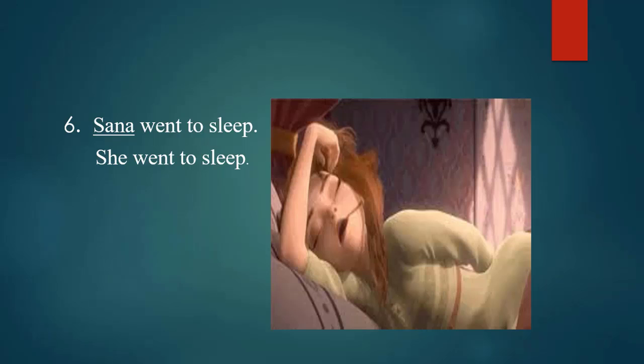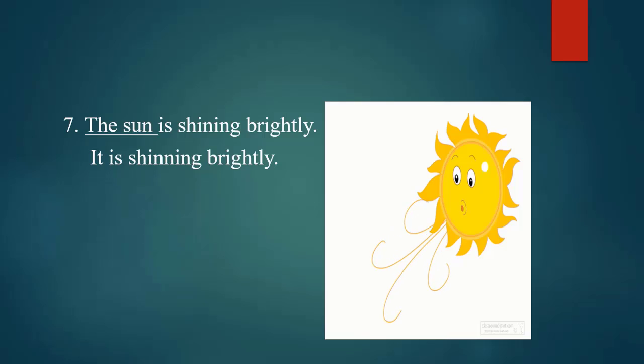So we will replace Sana with pronoun she. And our sentence will become she went to sleep. Our seventh sentence is the sun is shining brightly. इस सेंटेंस में sun एक थिंग है. So we use pronoun it here and our sentence will become it is shining brightly.